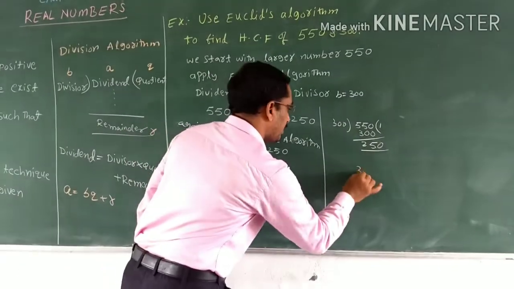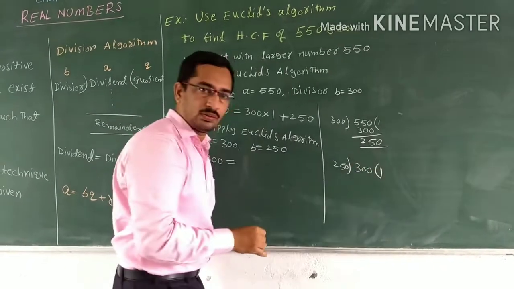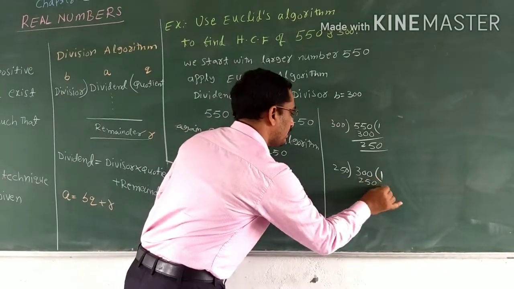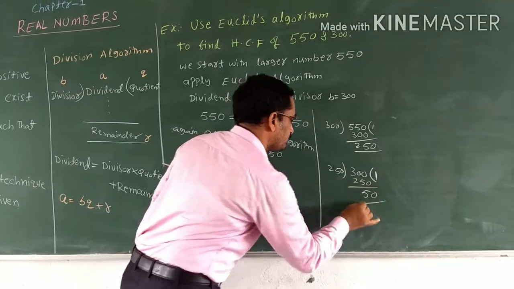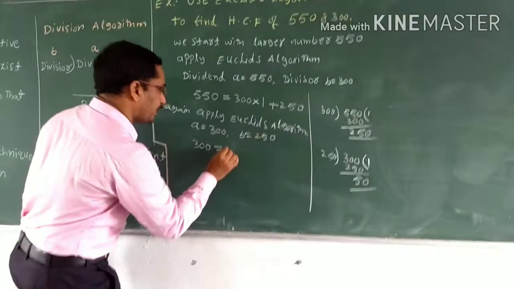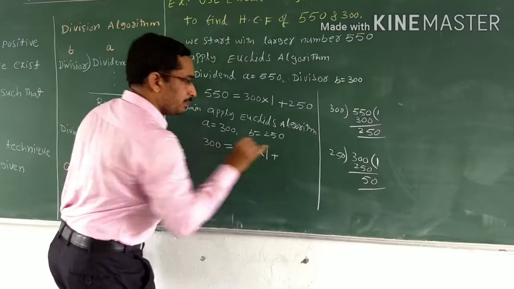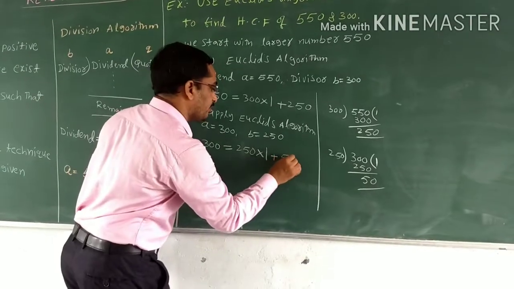So divide 300 by 250. 250 ones are 250. The remainder is 50. So again, dividend 300 equals divisor 250 into quotient 1 plus the remainder 50.